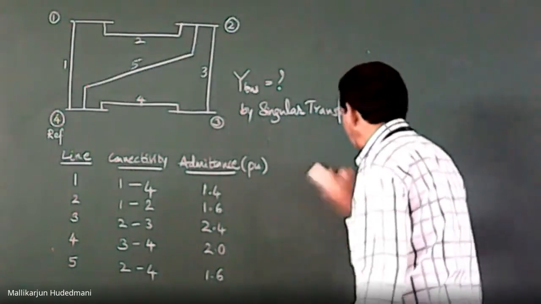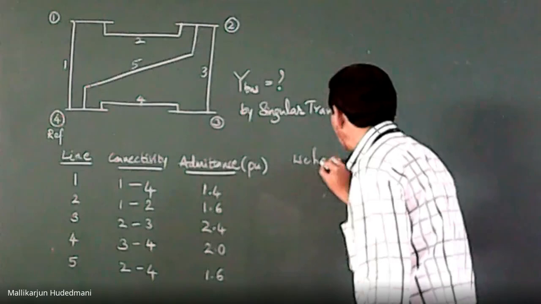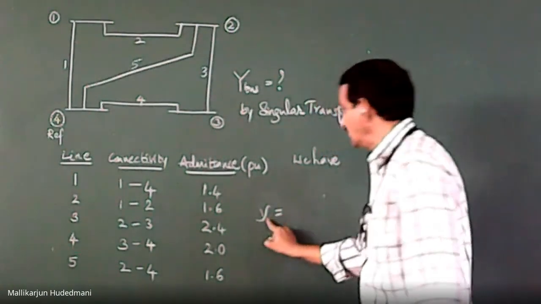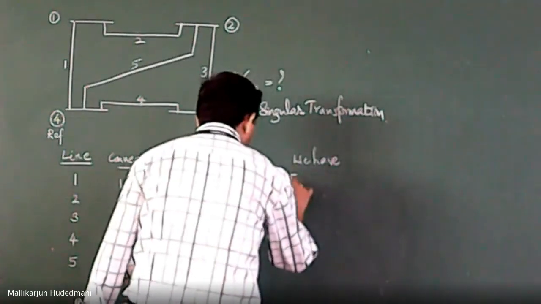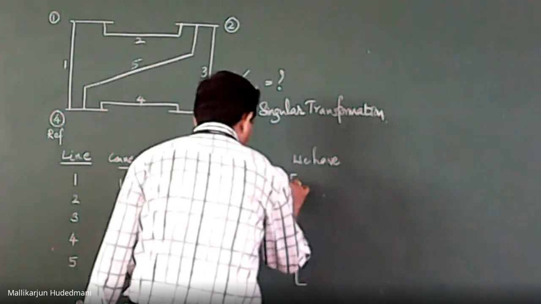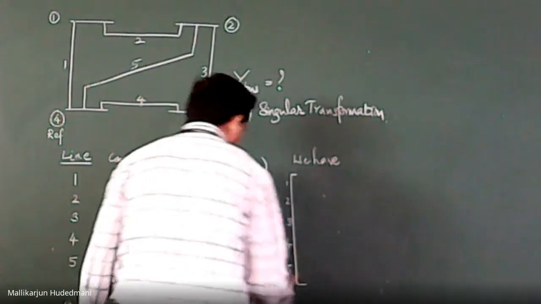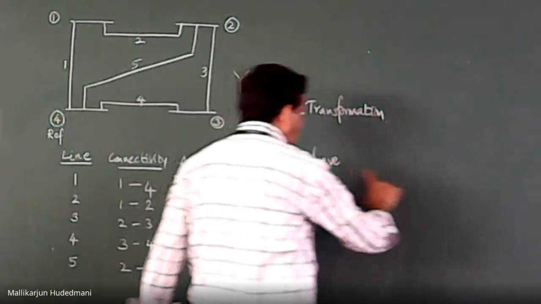So I place here, we have Y. You can see lowercase y I am writing, which is equal to a matrix of 5 cross 5. 1, 2, 3, 4, 5. There are 5 elements and there are 5 elements this side also.